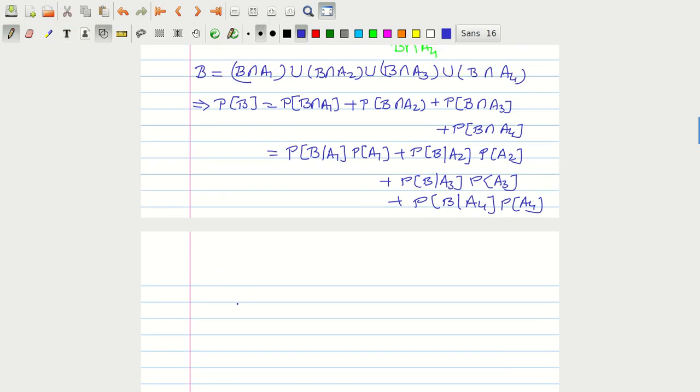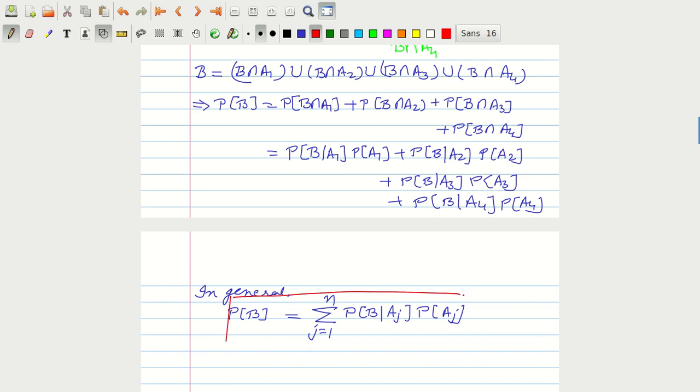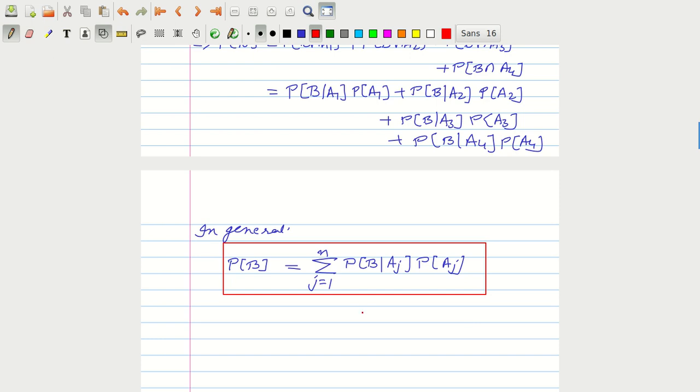In general, we can write that probability of B is equal to summation of probability of B given Aj into probability of Aj, summed over all j from 1 to n, and this relation is termed as the total probability rule.